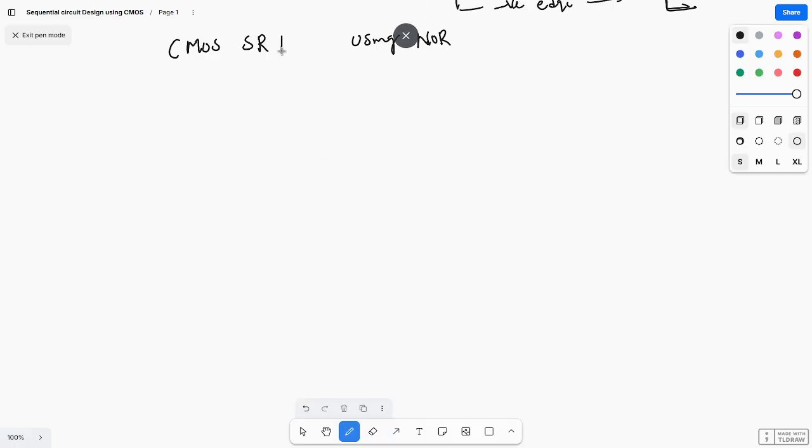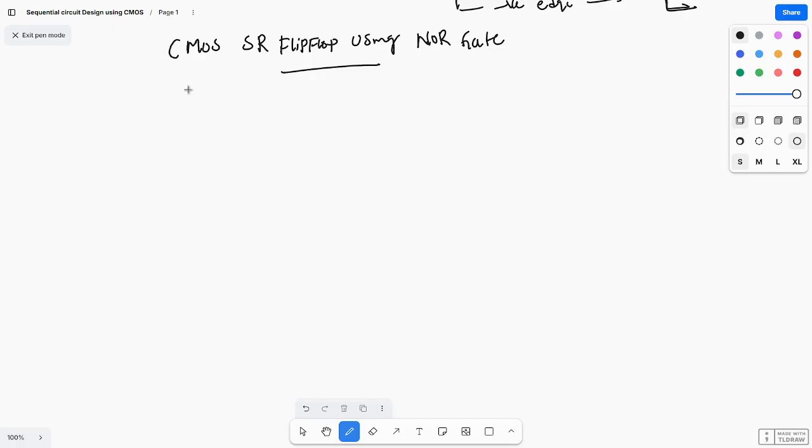SR flip flop using NOR gate. I think the same thing we can design.